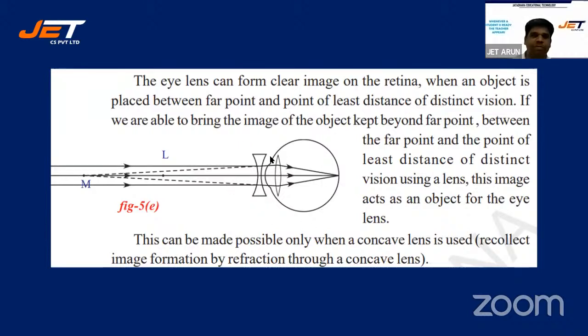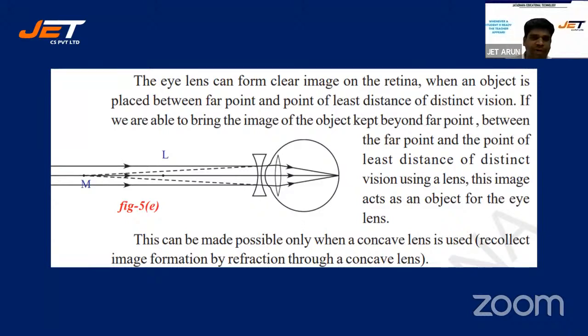The eye lens can form a clear image on the retina when an object is placed between the far point and the point of least distance of distinct vision. If we are able to bring the image of an object kept beyond the far point to between the far point and the point of least distance of distinct vision using a lens, this image acts as an object for the eye lens.